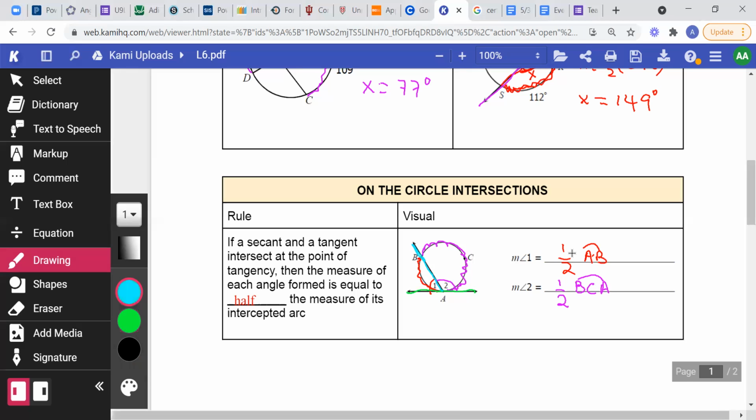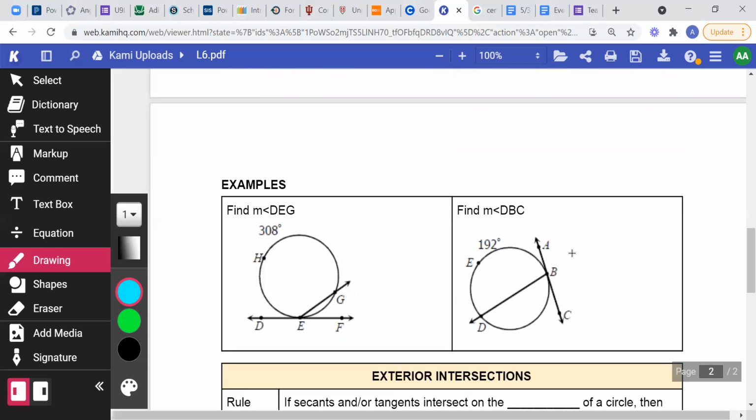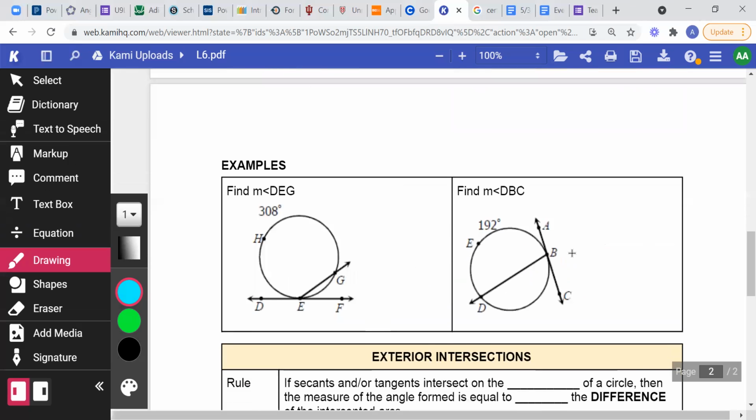Then to find the angle at each side of the point of contact, we only need to take half of the intersecting arc. That's all.